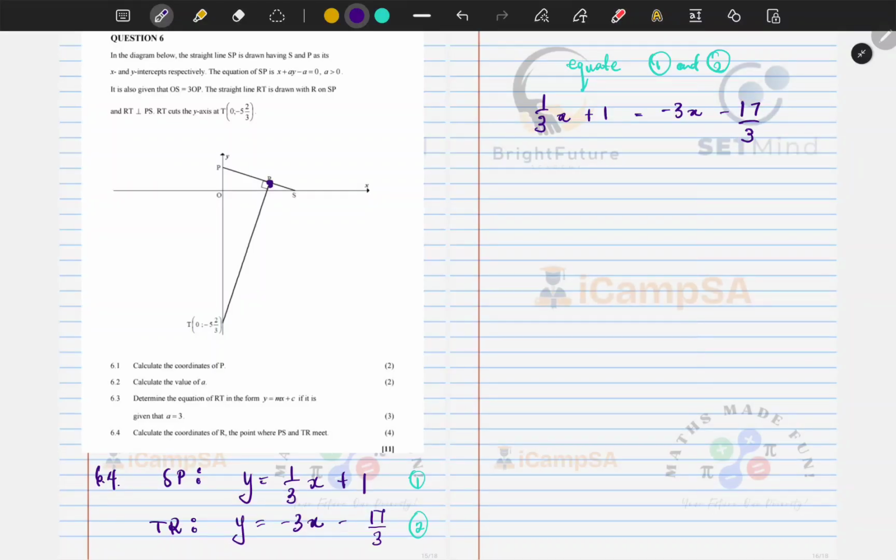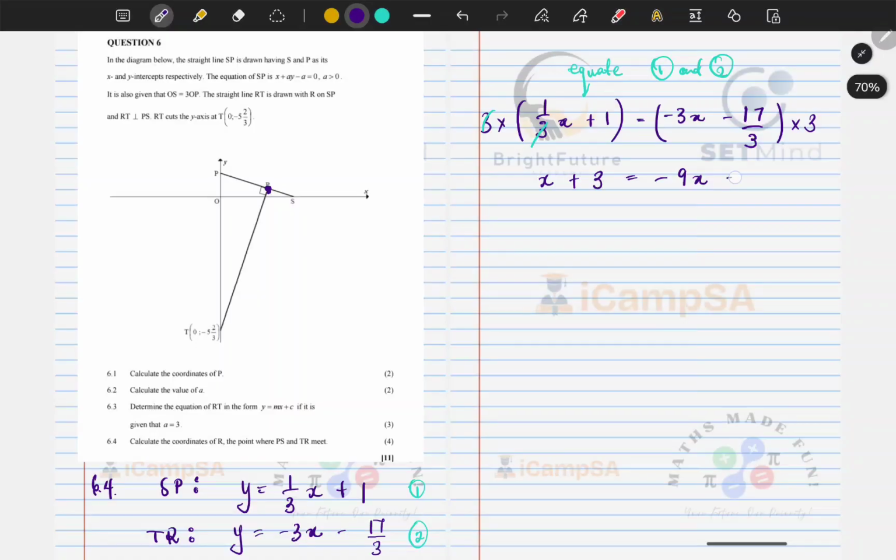So what we can do here is multiply by 3 both sides to cancel the fractions. So this and that will cancel, so we are going to be left with x, and then 3 times 1 is 3, and then this now is going to be negative 9x, right? Negative 9x, and then this is going to be negative 17, right?